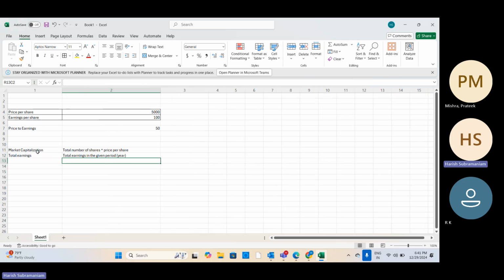So market capitalization by total earnings is the same as price per share by earnings per share, because price per share is market capitalization divided by total number of shares. Earnings per share is total earnings divided by total number of shares. So this is also the price to earnings ratio.